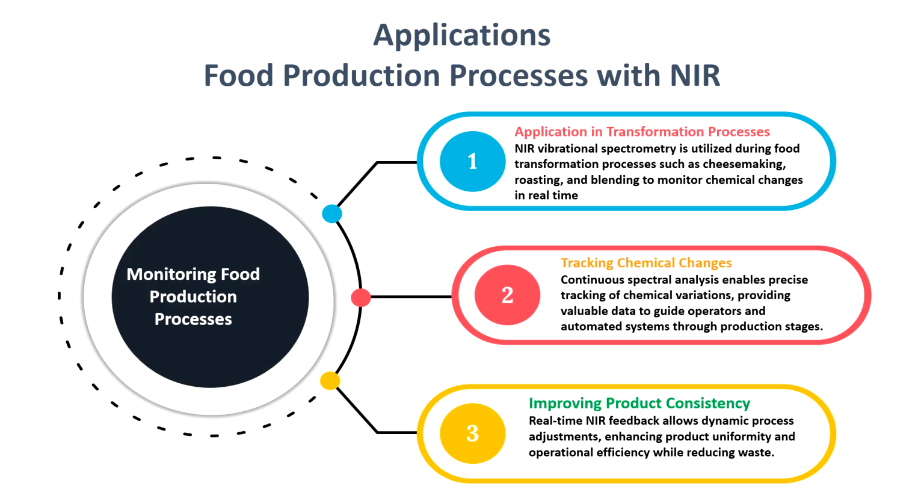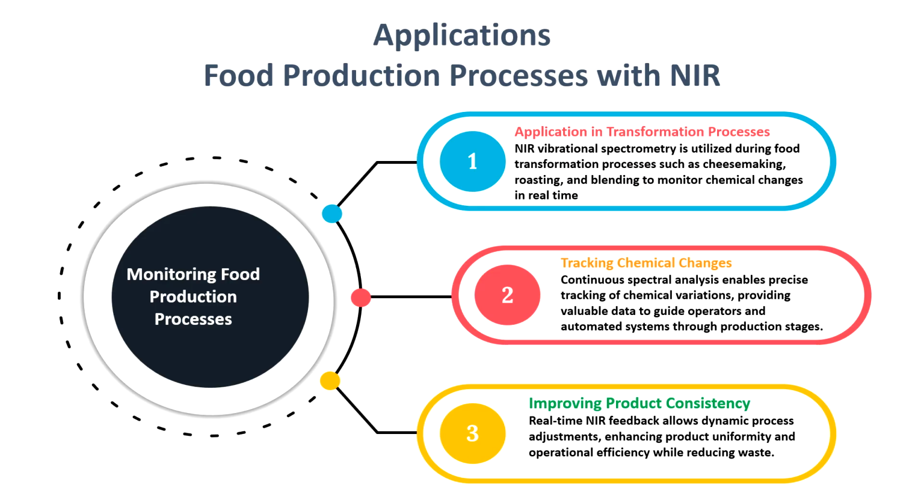Application in transformation processes. NIR vibrational spectrometry is utilized during food transformation processes such as cheese making, roasting, and blending to monitor chemical changes in real time. Tracking chemical changes. Continuous spectral analysis enables precise tracking of chemical variations, providing valuable data to guide operators and automated systems through production stages.